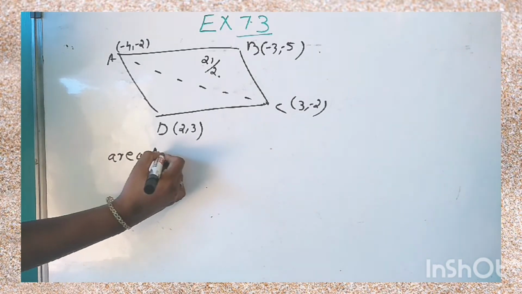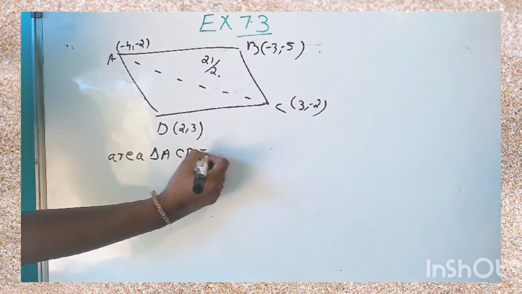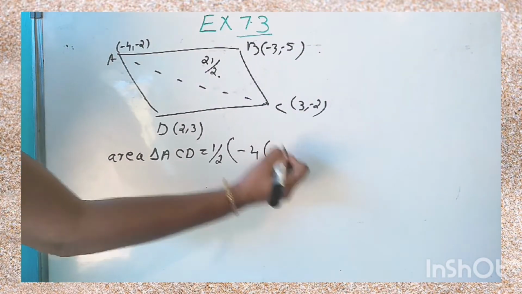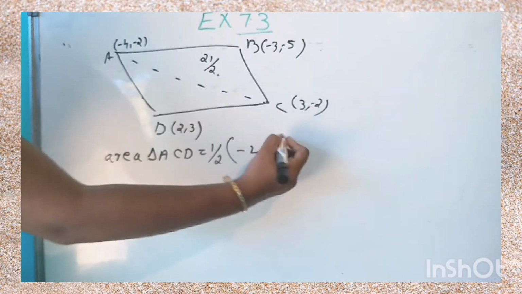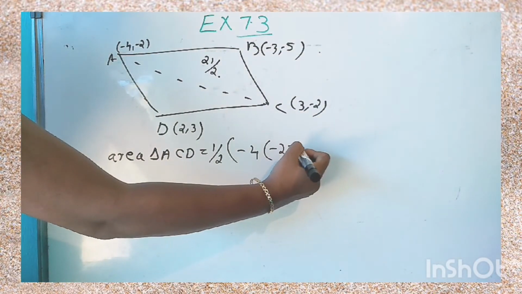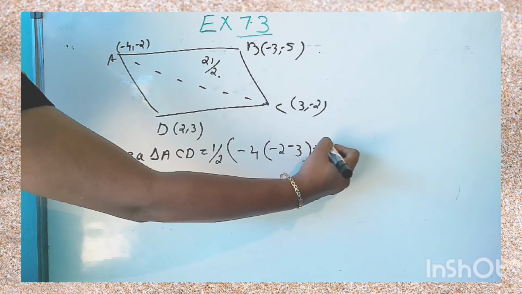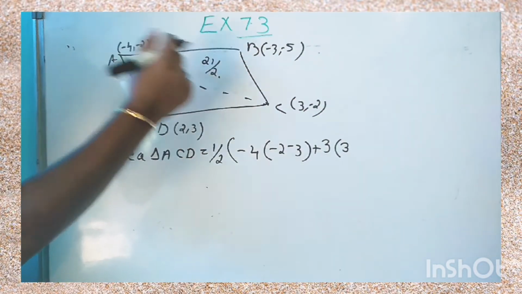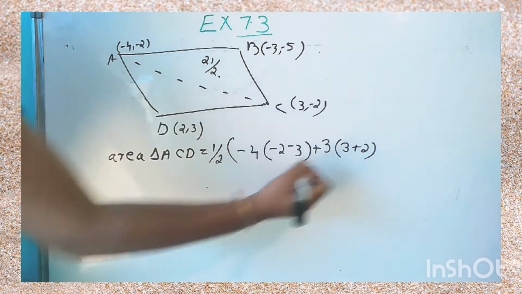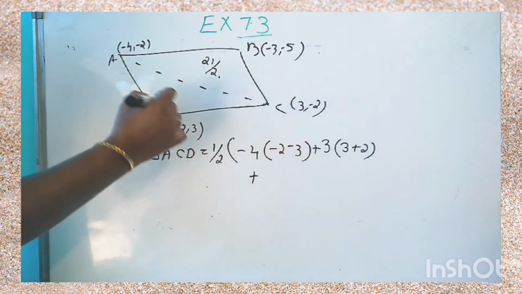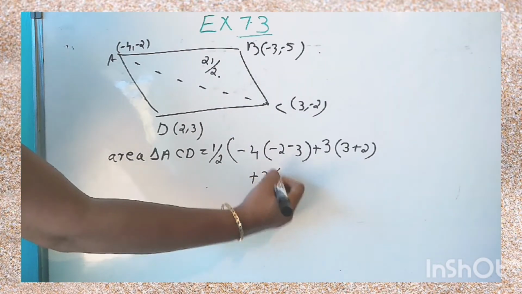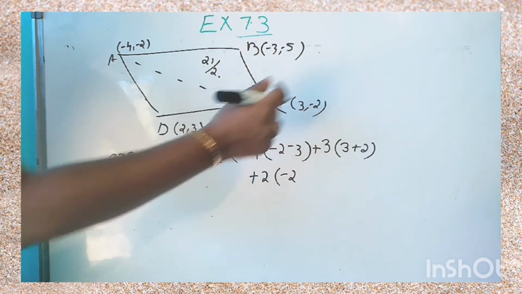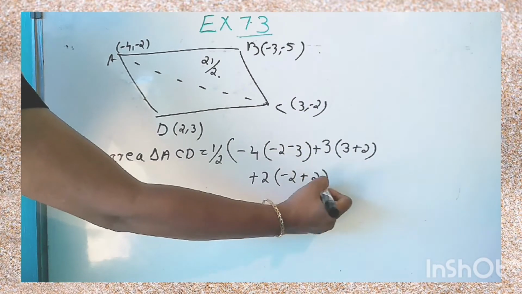Area of triangle ACD is equal to half into x1 is minus 4 into (y2 minus y3), that is minus 2 minus 3, plus x2 is 3 into (y3 minus y1), 3 minus minus 2 becomes plus 2, plus x3 is 2 into (y1 minus y2), that is minus 2 minus minus 2 becomes plus 2.